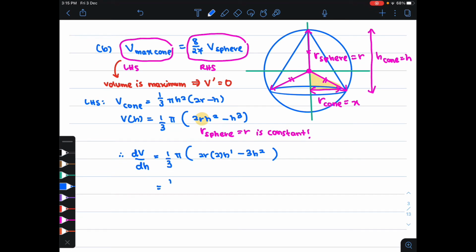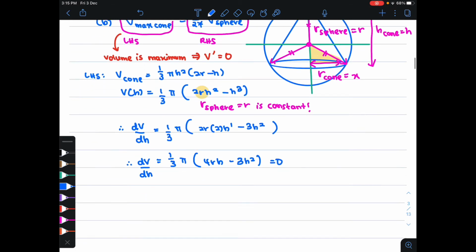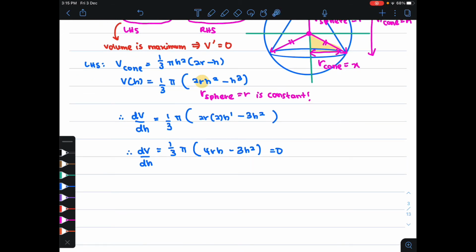So, if we simplify, 4RH minus 3H square. Okay, and then don't forget, V prime must equal to 0. So, this is V prime and it must equal to 0. Okay, so, if we solve it, 1 over 3 pi is constant.